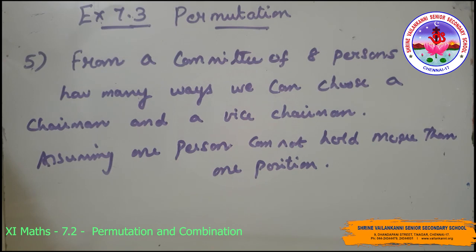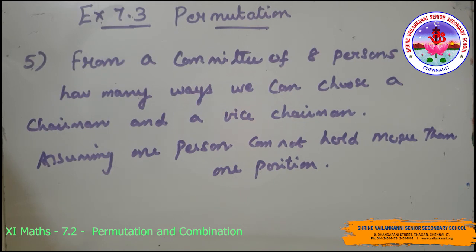Fifth question: from a committee of 8 persons, in how many ways can we choose a chairman and a vice chairman, assuming one person cannot hold more than one position? So from a committee of 8 persons, a chairman and a vice chairman are to be chosen in such a way that one person cannot hold more than one position.